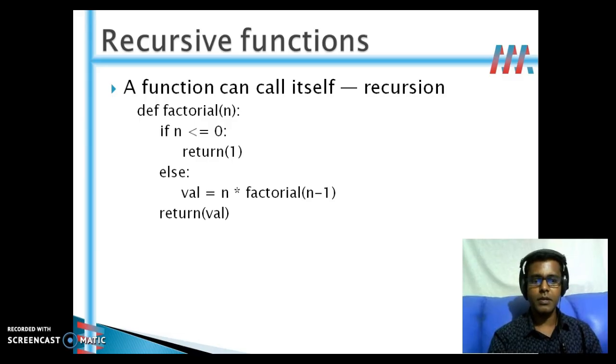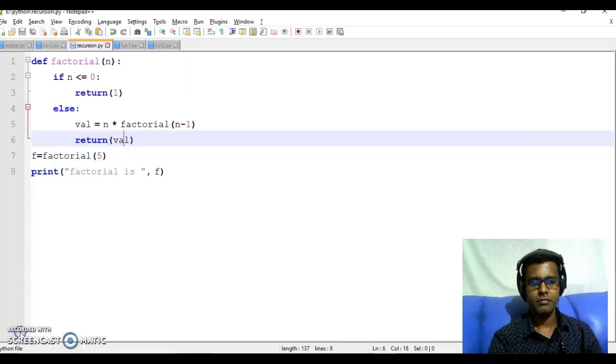So it keeps on repeating until the condition n less than or equal to 0 is reached. Once it reaches 0, then the value of the factorial is calculated and the value will be returned with the help of the return statement. Now let's try to run this program and we'll see what output we are getting.